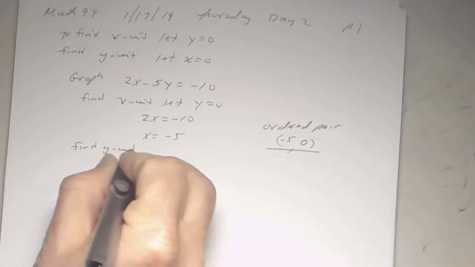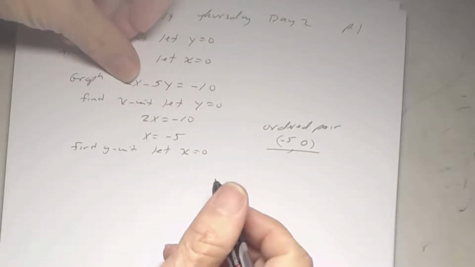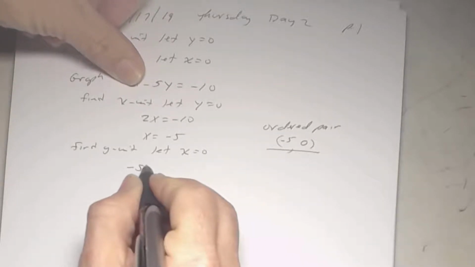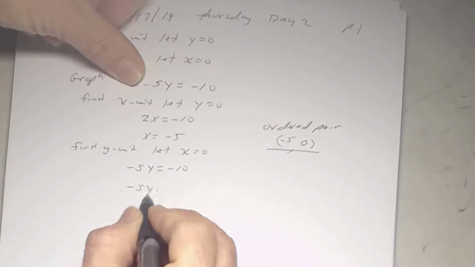Now to find the y-intercept, you're going to let x equals 0. So this time, 2 times x becomes what? 0. So what equation do you see? Right? And then to get y by itself, I'm going to go ahead and rewrite it.